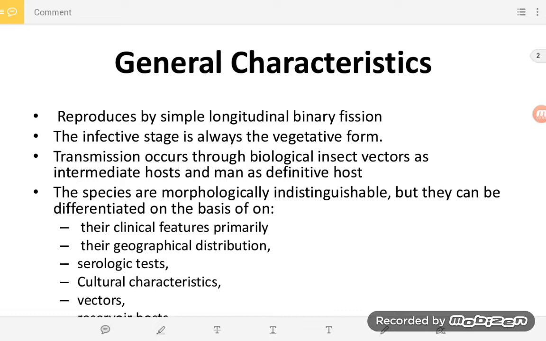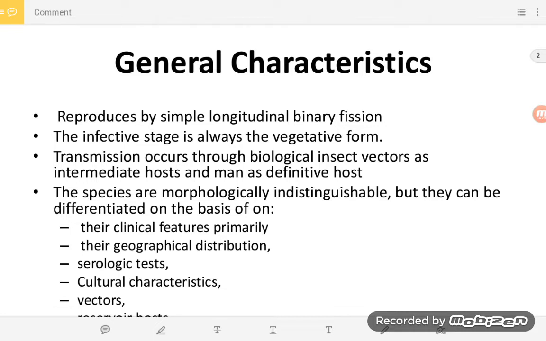But in the case of a biological vector, there is some development of the parasitic stages inside the vector. So in the case of Leishmania species and Trypanosoma species, there is some development of the parasite inside the vector. So they are biological vectors.